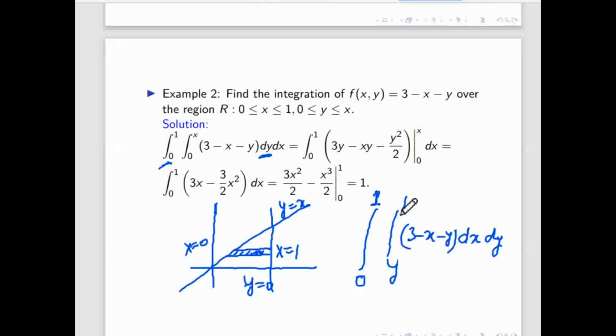Is it okay? So in this integration, if you change the order, the limit will change. It is 0 to x; instead of this, it will become y to 1 and 0 to 1. Now if you calculate, you will get the same answer 1. Is it clear to everyone?